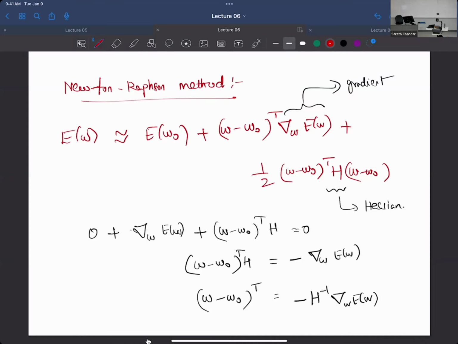Your error function might actually have higher order terms, but you're just approximating it with a quadratic function. It is an approximation. However, this approximation helps you move faster, because once you make the quadratic assumption, Newton-Raphson will reach the solution of this quadratic assumption in one step.